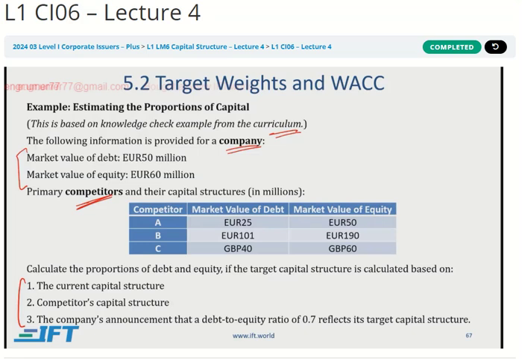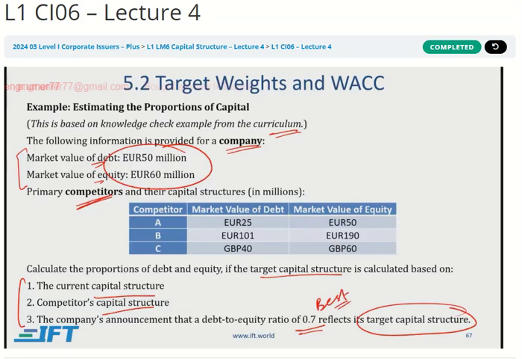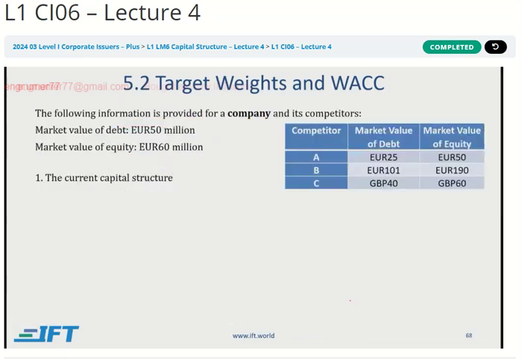And what we want you to do is calculate the target capital structure, number one, based on its current capital structure, which is the market value of debt and equity of the company. Then based on the competitors. And then finally, if they tell you their target. Of course, this would be the best one, right? If they tell you.